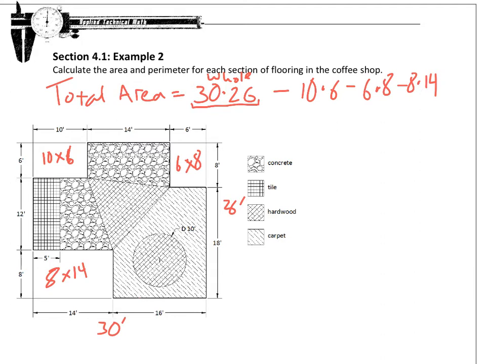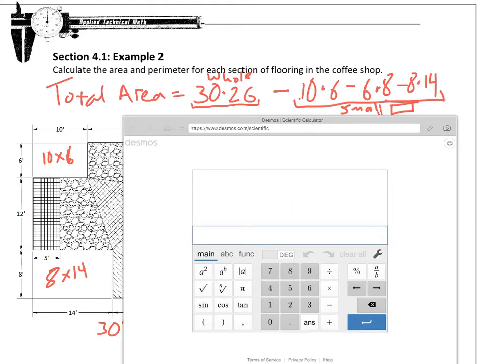Now, we're going to work on writing this as one expression. And we can see that everything's there. These are the small rectangles. All right. So let's take our calculator here, and we'll just type it in. And we can let the calculator do all the computation. All right? And so we're going to subtract all these little pieces. 10 by 6, which is obviously 60.